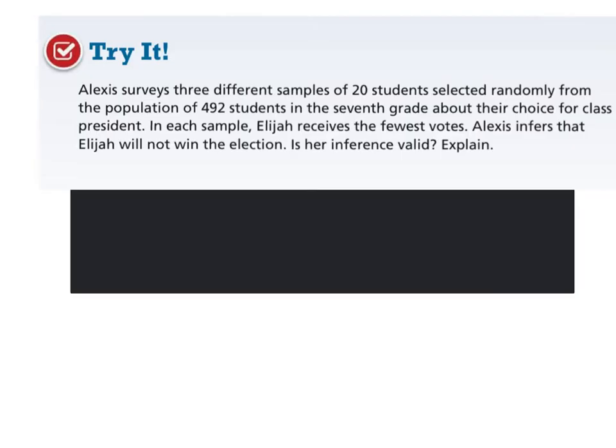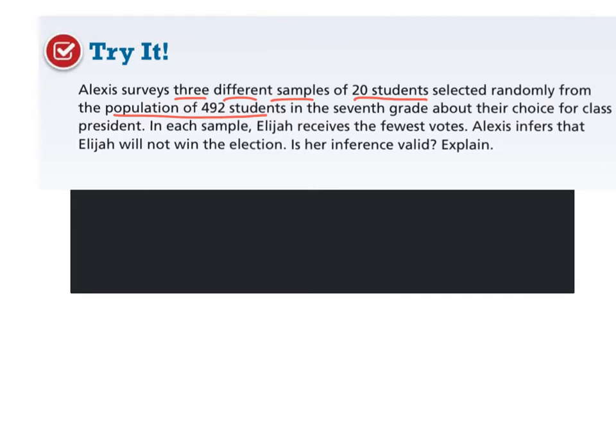So on the Try It, Alexis surveys 3 different samples of 20 students selected randomly from the population of 492 students in the 7th grade about their choice for class president. In each sample, Elijah receives the fewest votes. Alexis infers that Elijah will not win the election. Is her inference valid?